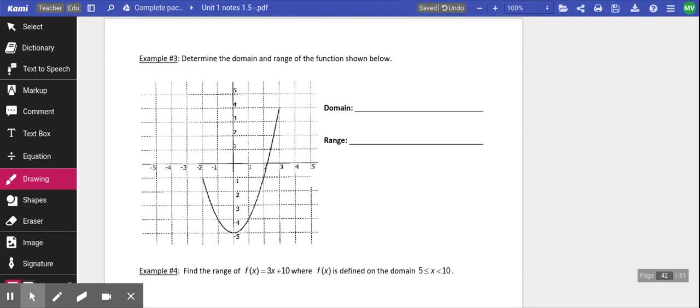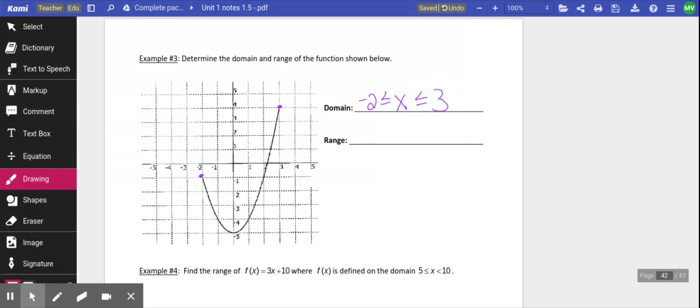Determine the domain and range for this function. So if we look at the ends of this, there is no circle indicating, therefore we assume it's a closed circle. So my domain goes from -2 to +3. Domain is really just happening with x. So our domain goes from -2 is less than or equal to x is less than or equal to 3.